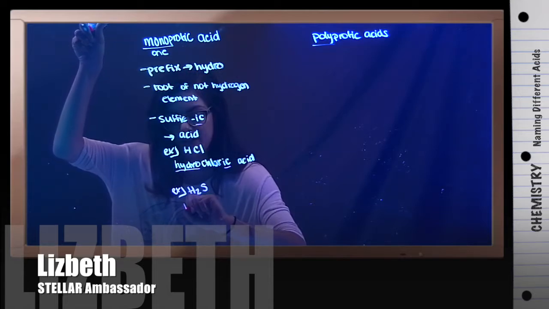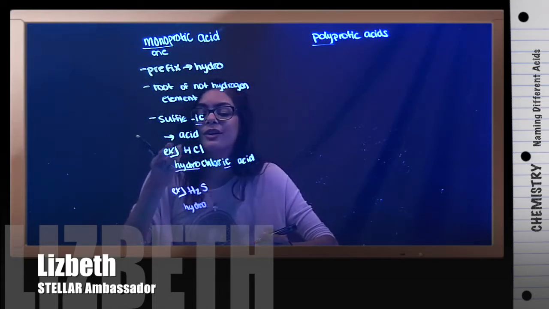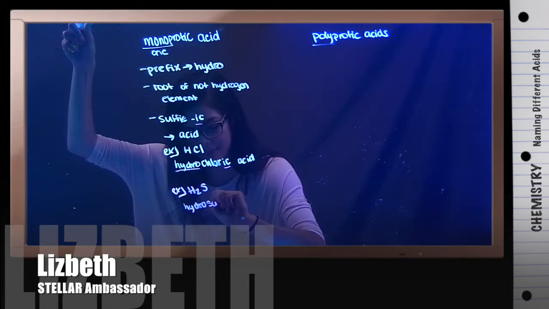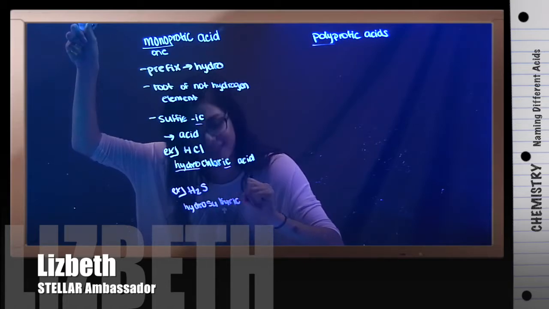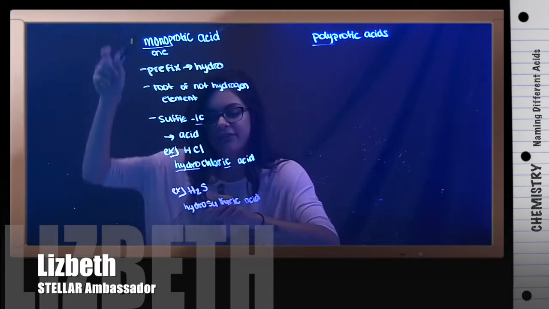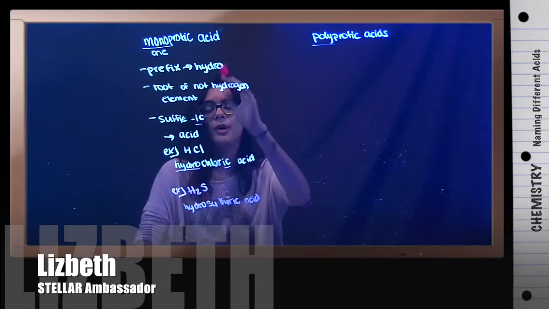So we're going to have hydro. The root for sulfur is sulfur. Wow, right? That one's crazy. That says sulfur, I promise. And then -ic, and then just acid. So the name for this one would be hydrosulfuric acid. That's how you name monoprotic acids.